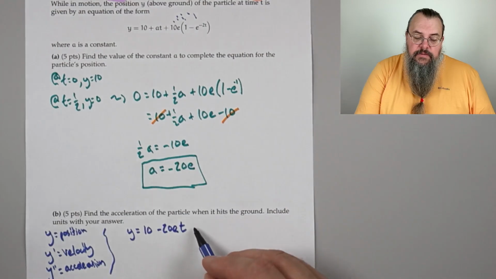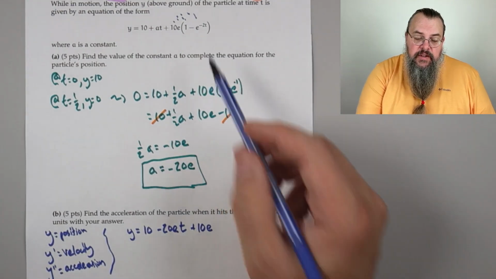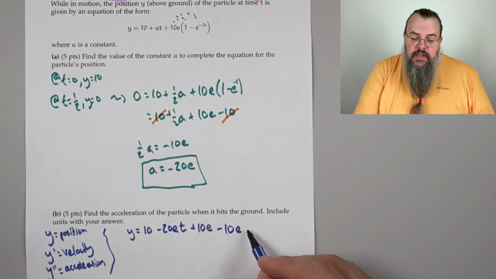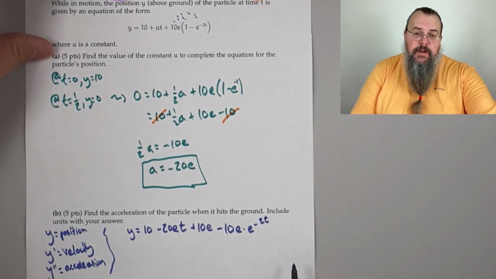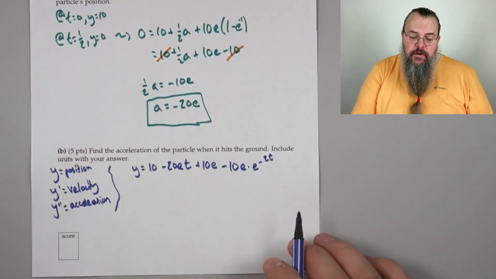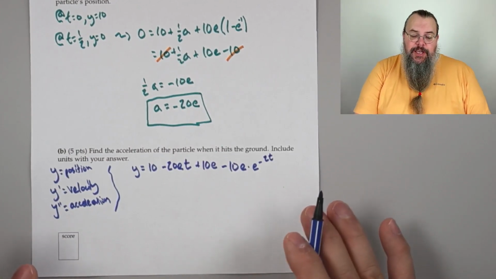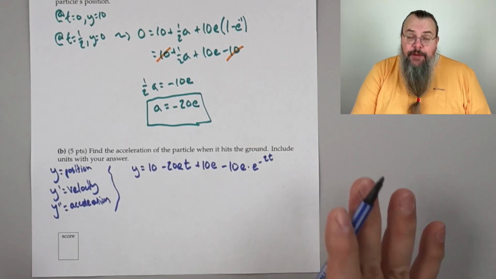So we're going to have a plus 10 times e, and then subtract 10 times e times e to the minus 2t. All right, so that's our function.